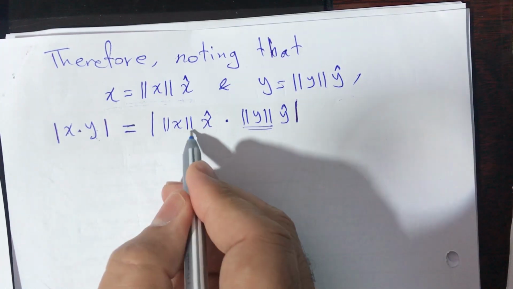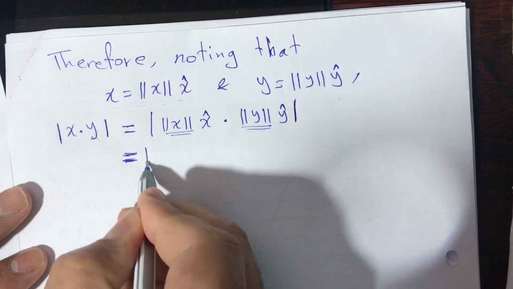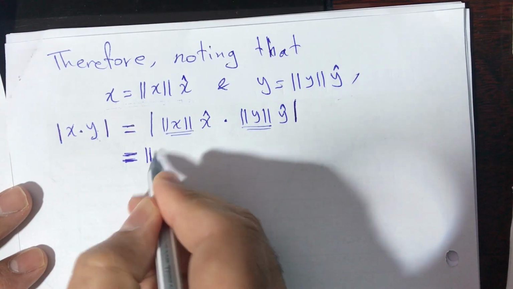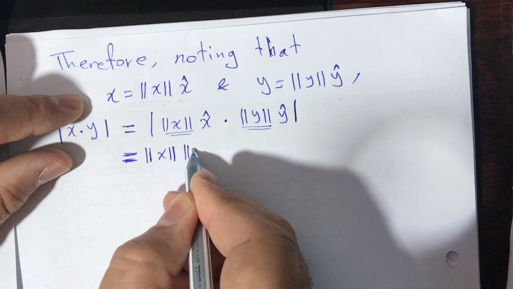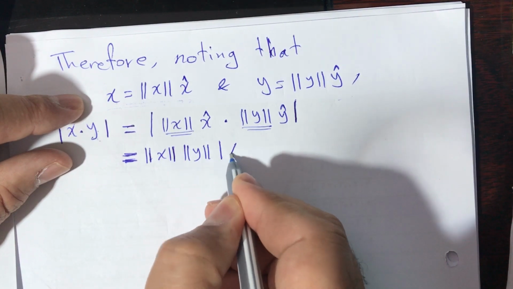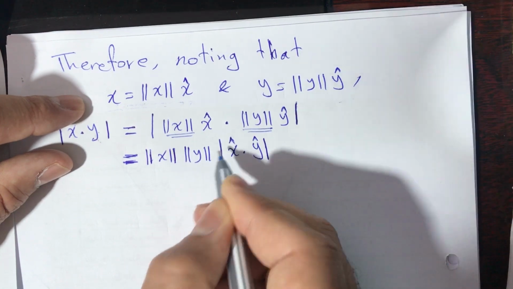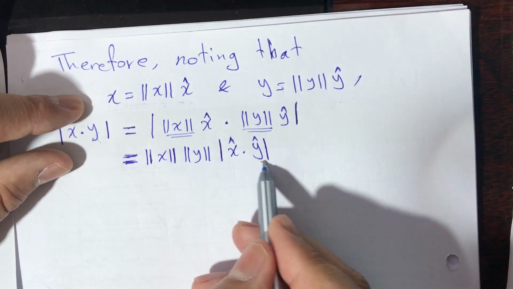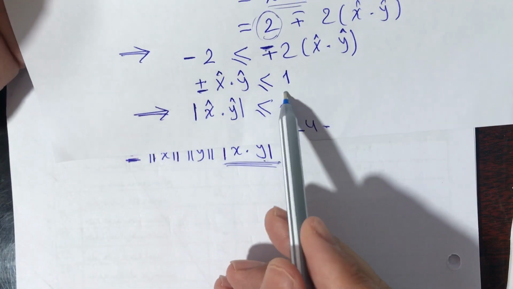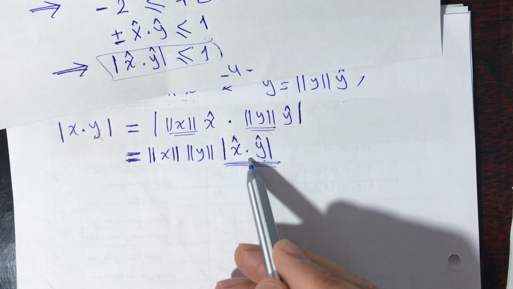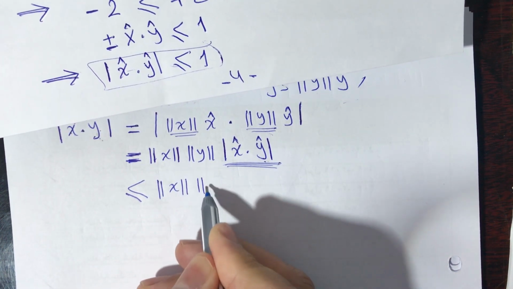These are constants, so we can move them out of the absolute value, since they are positive numbers: norm x times norm y, times the absolute value of x hat dot y hat, which is less than or equal to 1, as we proved. So it is less than or equal to norm x norm y.